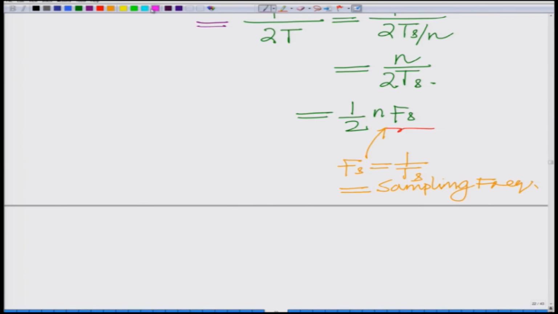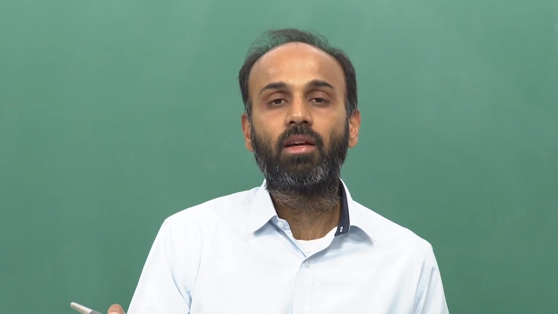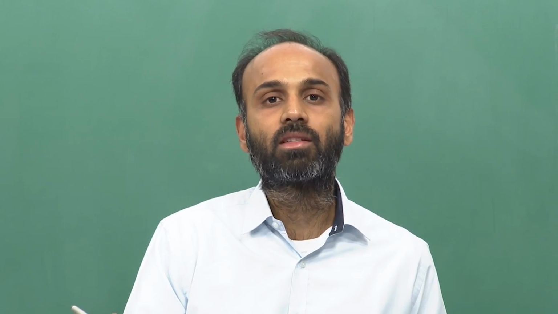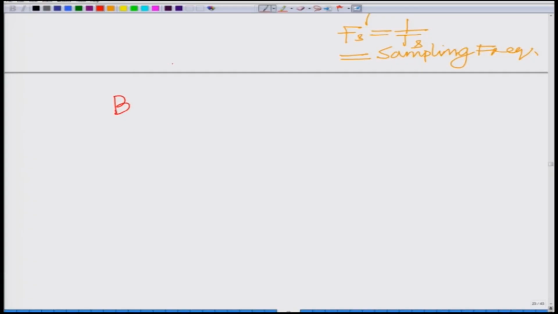Now, if we sample at the Nyquist rate, the signals have to be sampled at the Nyquist rate. By the Nyquist criterion, the sampling frequency Fs has to be greater than or equal to 2 Fm, where Fm is the maximum frequency of each signal.